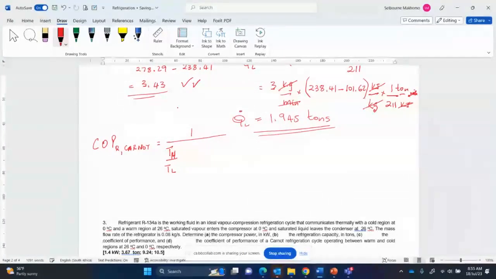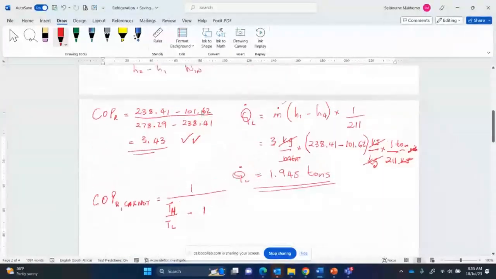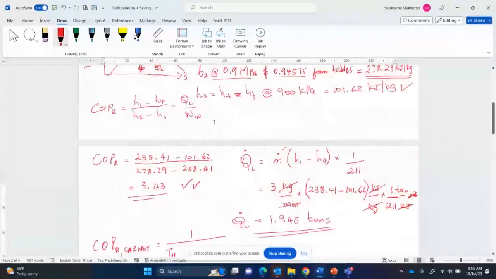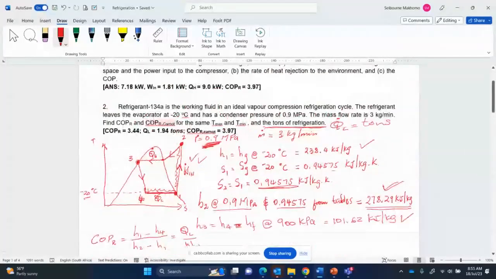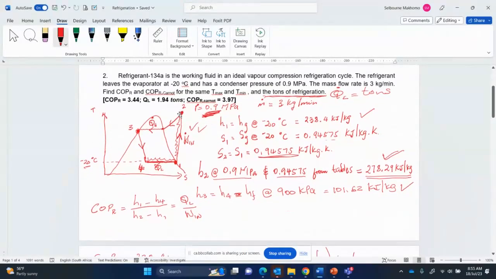TH is Tmax and TL is Tlow. Now in this case here, what is TL? It is going to be minus 20. So minus 20 plus 273.